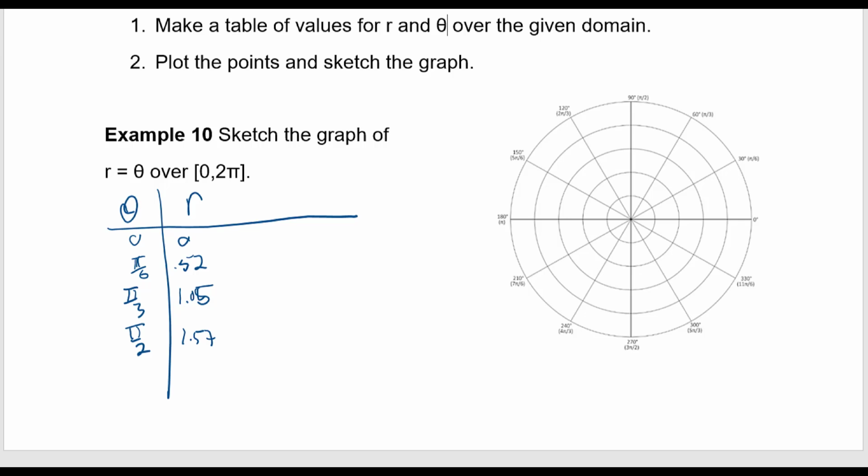Then 2 pi over 3. We'll do 5 pi over 6. We'll do pi, which is 3.14. So 2 times the pi over 3 gives me 2.09. And then 5 pi over 6, so I can say 5 times the pi over 6 gives me 2.61.